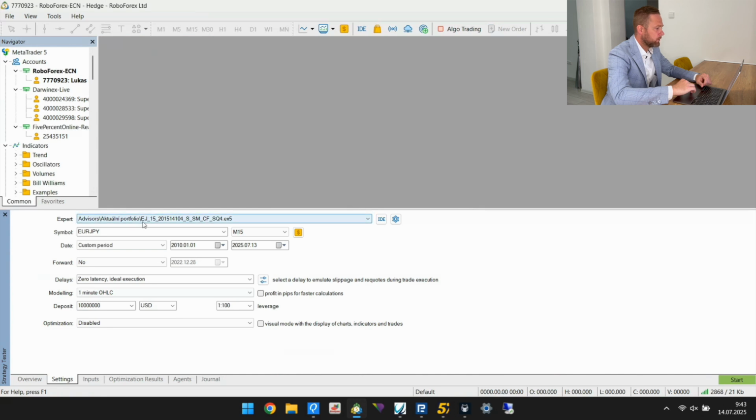I will start with the Euro-Yen algorithm on a 15-minute time frame and will choose data from 2010 to the present. I will further choose modeling on minute data. I will start testing.